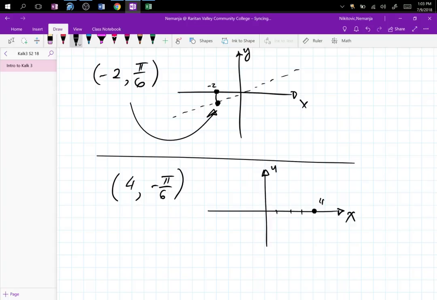So we graph the radius first, and then pi over 6 negative is right there. So this angle here is negative pi over 6. It's negative 30 degrees. Negative angles go clockwise. So this is our point (4, negative pi over 6). Bueno?